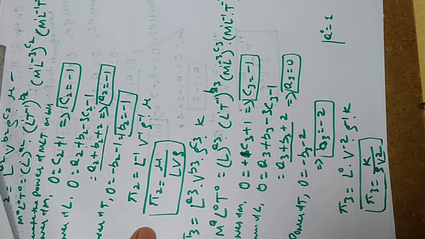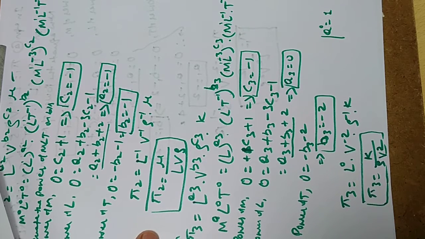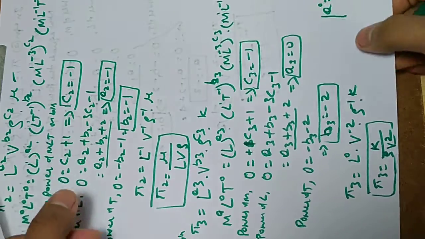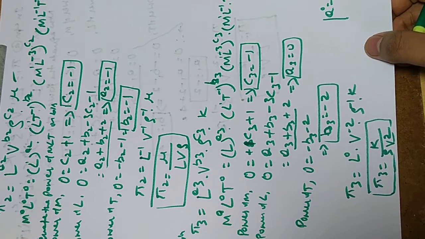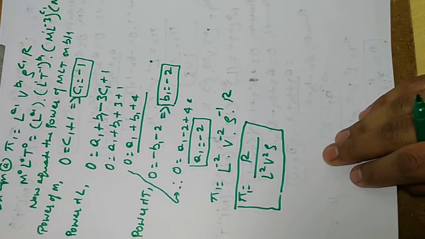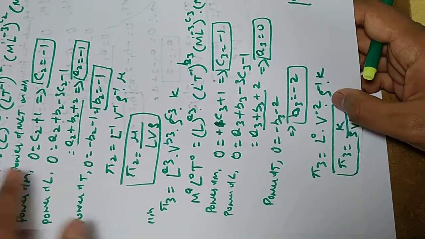Finally, we obtained all the pi 1, pi 2, pi 3 terms. Later, the last step is just simplification. See, here we found out pi 1. Here we found out the pi 2 and pi 3.